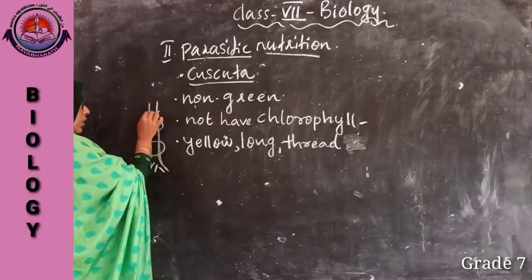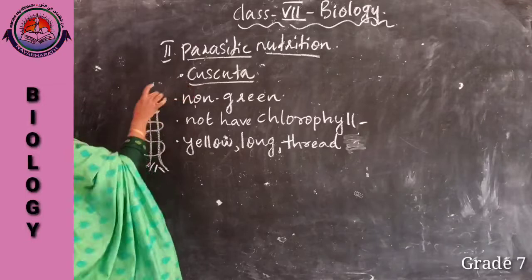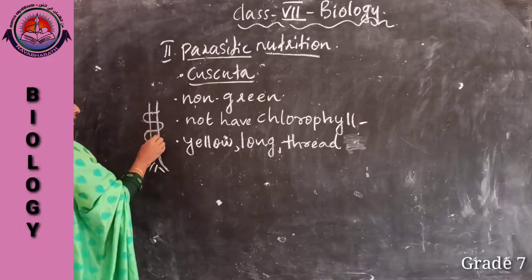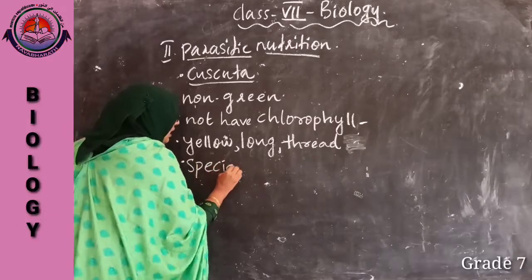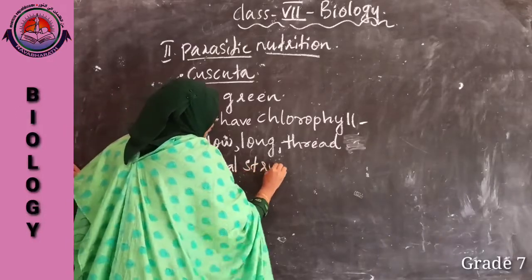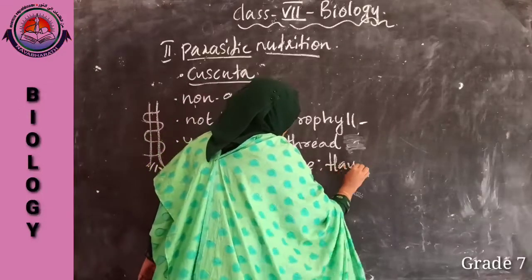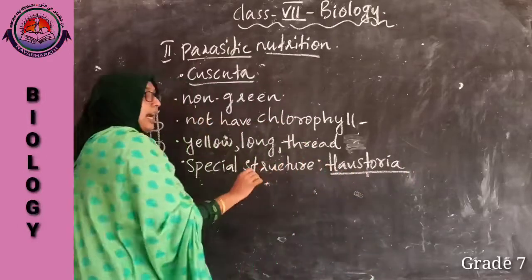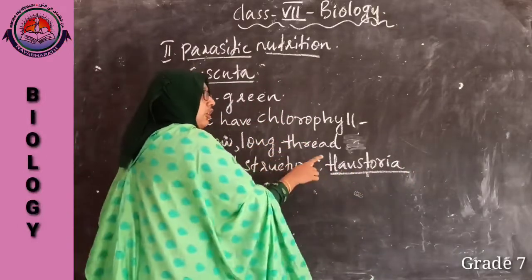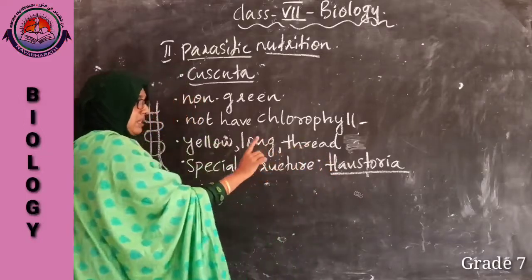Now how does Cuscuta derive its nutrients, why is it known as a parasite? Cuscuta, with the help of a special structure called haustoria. What is it known as? Haustoria. Write and study the spelling, otherwise you would make mistakes. So don't make mistakes.